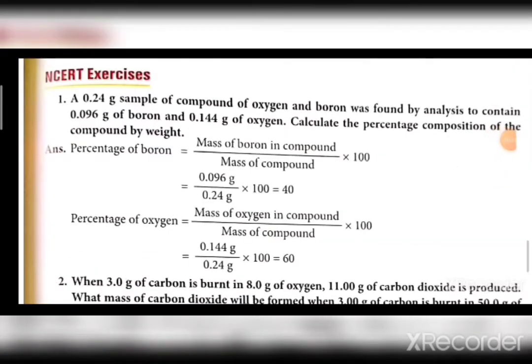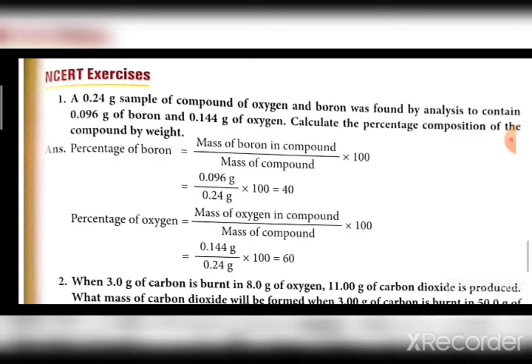Now let's do the NCERT exercises. Question number 1. A 0.24 gram sample of compound of oxygen and boron was found by analysis to contain 0.096 gram of boron and 0.144 gram of oxygen. Calculate the percentage composition.